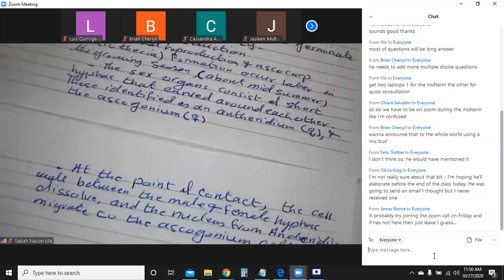And as I mentioned to you, as characteristic of all this group of fungi, the two nuclei will remain for a while.